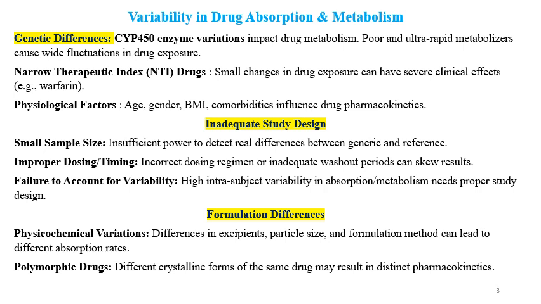Polymorphic drugs, different crystalline forms of the same drug, may result in distinct pharmacokinetics. As per my understanding and experience, if you select a different polymorph than the innovator drug polymorph, then there are chances of bioequivalence failure because the solubility is different, stability is different, and absorption is different for different crystalline polymorphs.